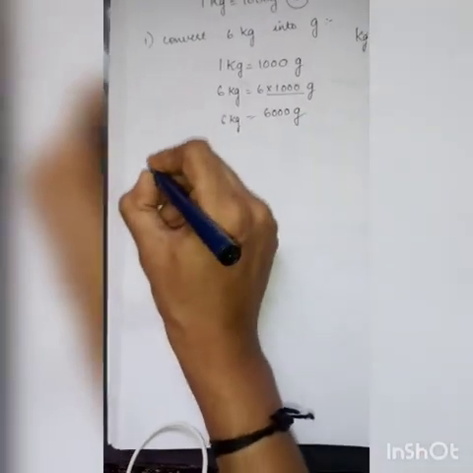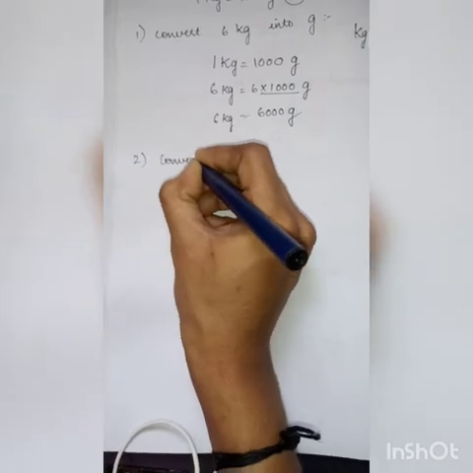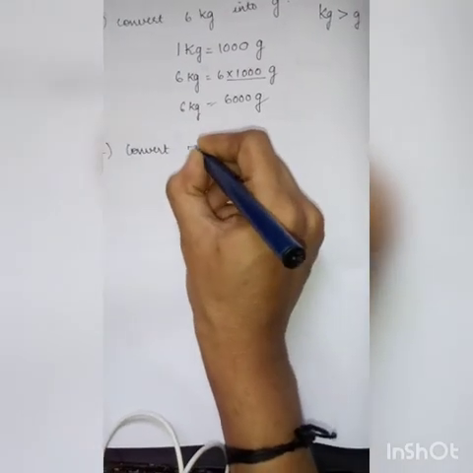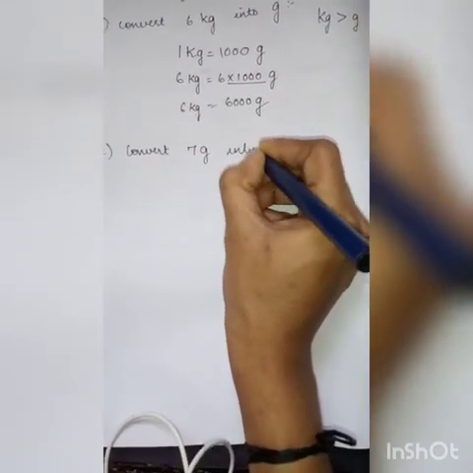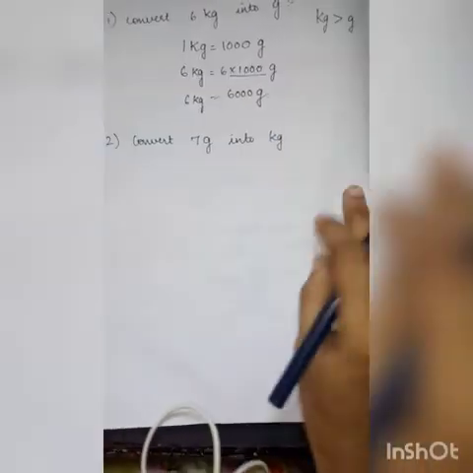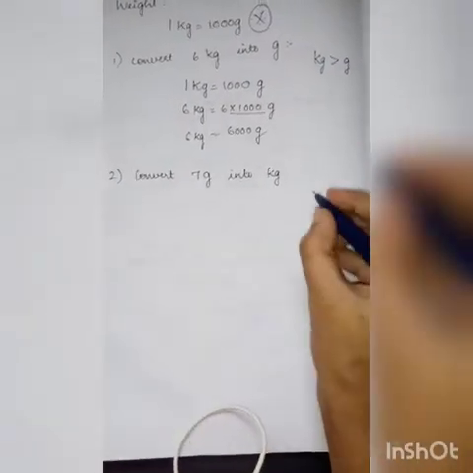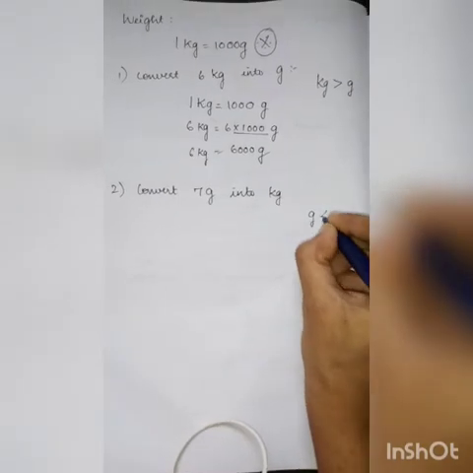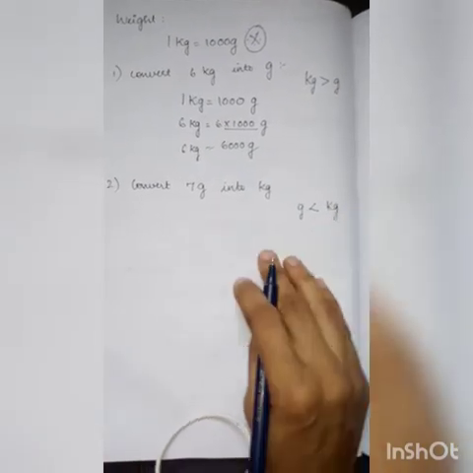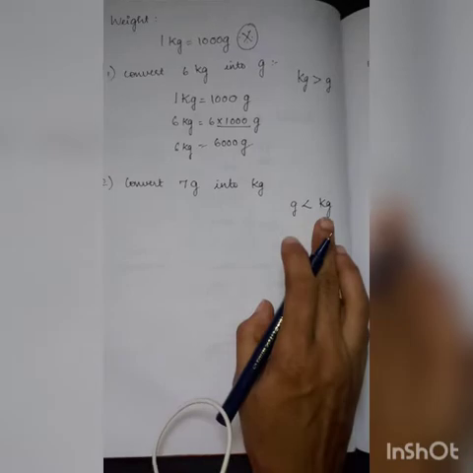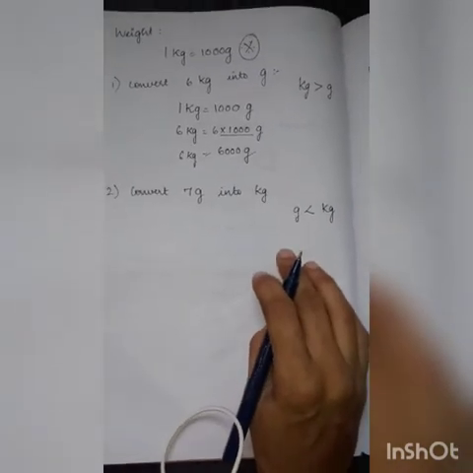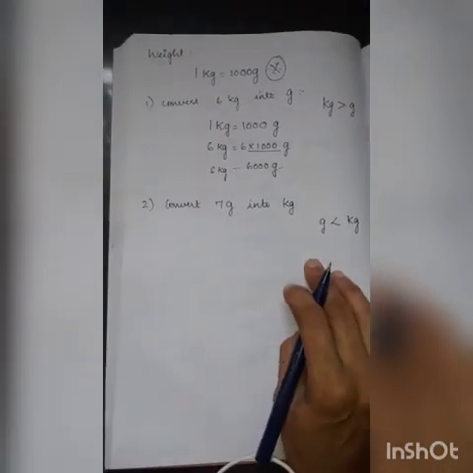Understood? Second question, convert 7 gram into kilogram. Now what are you going to convert? Gram, which is less than kilogram, right? You are converting smaller to bigger. What I told you, smaller to bigger you will do division.